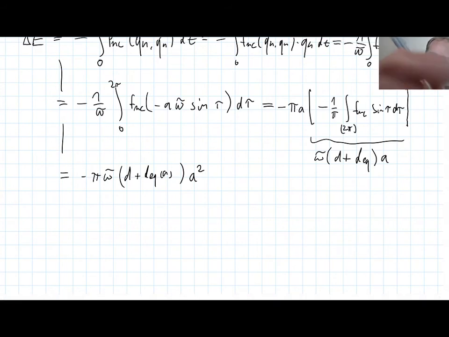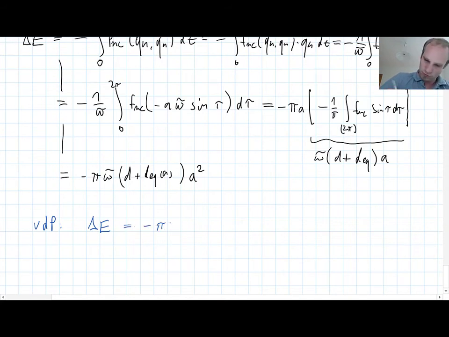Now, if we apply this to the Van der Pol oscillator, the delta E gets what? The delta E gets this here, minus pi. Omega tilde is simply omega. Just copy the A squared, and then we have already an approximation for this. So this is very good. So to discuss stability, apparently we get away with quantities that we've already computed.